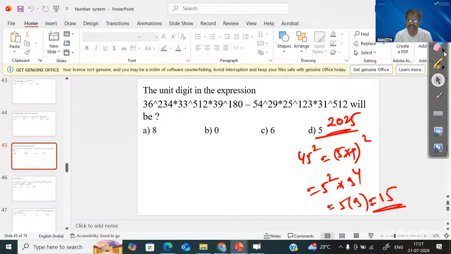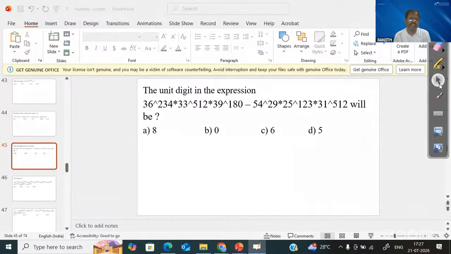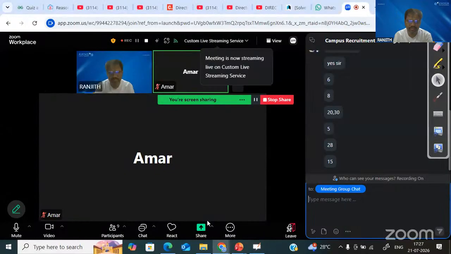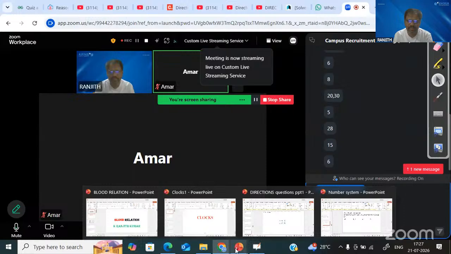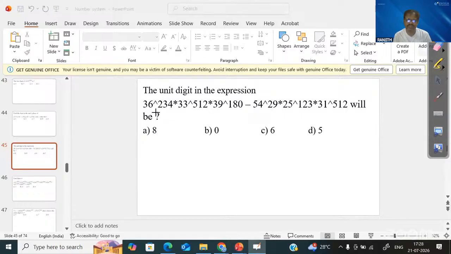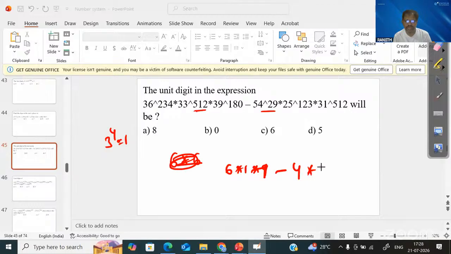What is the unit digit of this number? So the answer is 6. 6 to any power is 6. 3 power 4 will be equal to 1. 6 into 1. 9 power 1 will be equal to 1. 4 power 1 is 4. 5 to any power is 5.